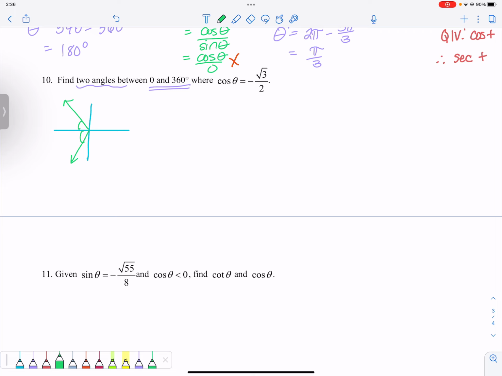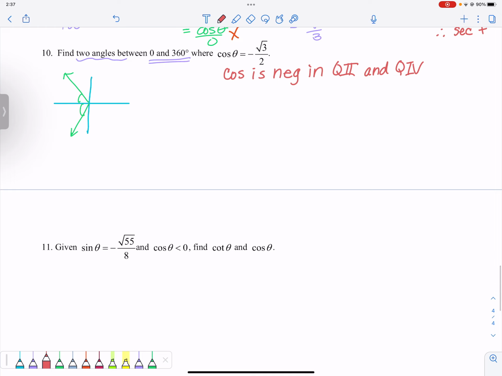Because that's the opposite of the square root of 3 over 2, and we recognize those angles that are negative. The cosine is negative in quadrants 2 and 4. Okay, so in quadrants 2 and 4, we have those angles there that we need.